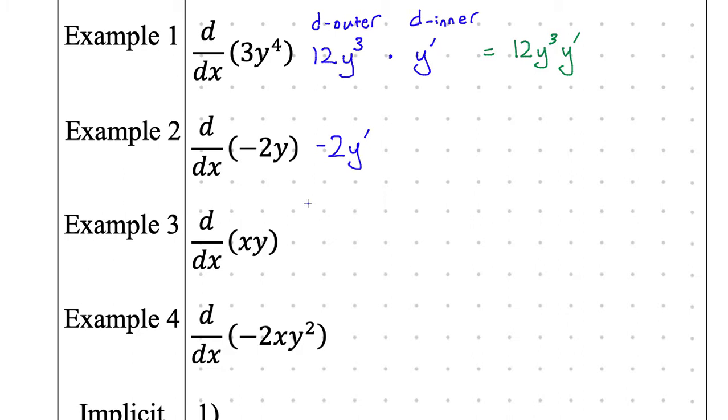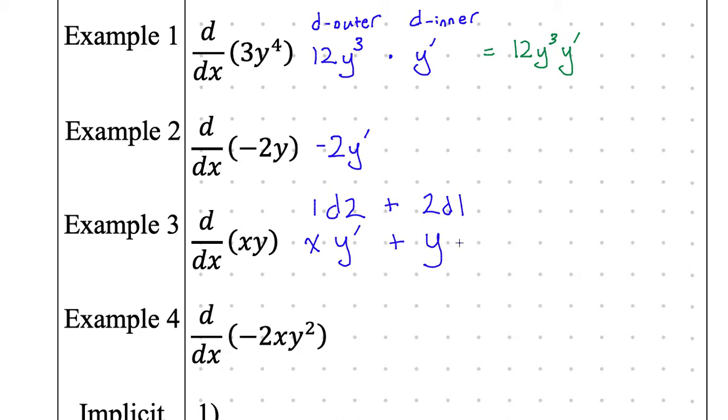So someone shout out product rule one more time. 1d2 plus 2d1. All right, so what is 1? x. What is d2? y prime. Plus, what is 2? y.